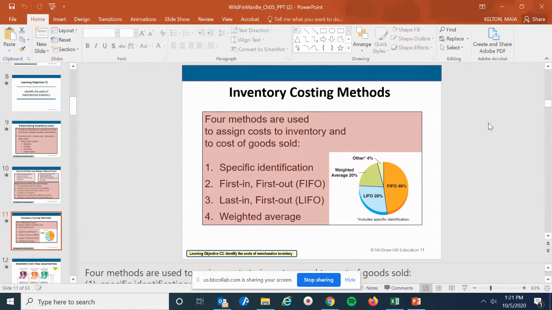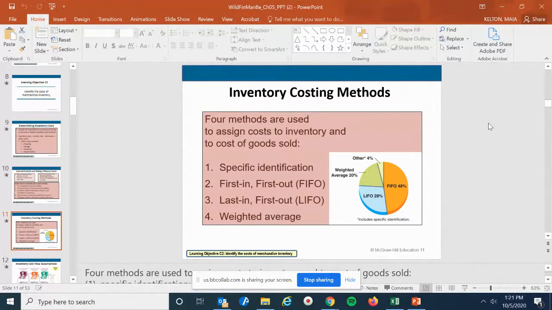So another 28% of US companies use LIFO, last in, first out. This is an assumption that we make to assume that the company sells the last items they purchased first. Again, this has nothing to do with the physical flow of inventory.